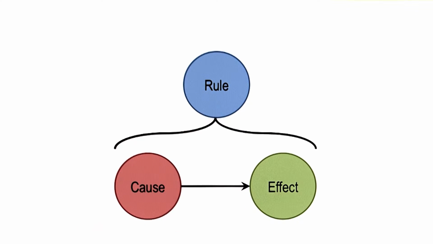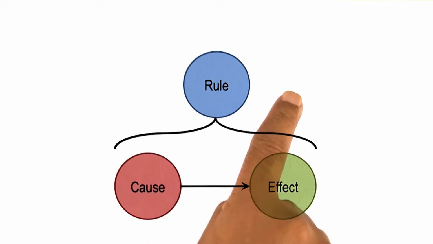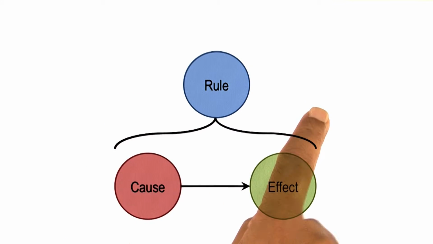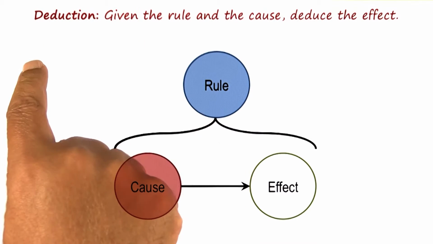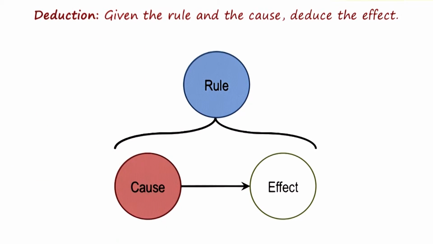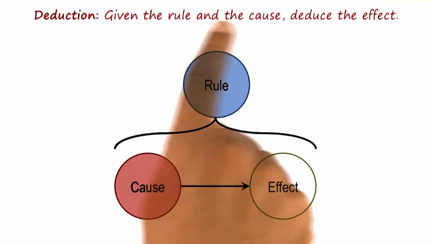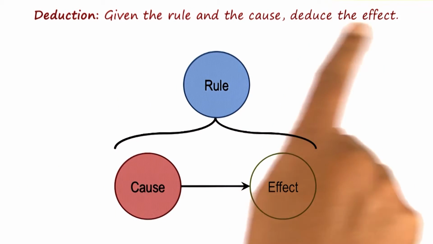We've already come across yet another instance of this particular arrangement when we were talking about flu and fever. So the rule might be, if flu, then fever. Flu is the cause, fever is the effect. Now in deduction, one fundamental kind of inference, we know the rule and the cause, and we need to deduce the effect.